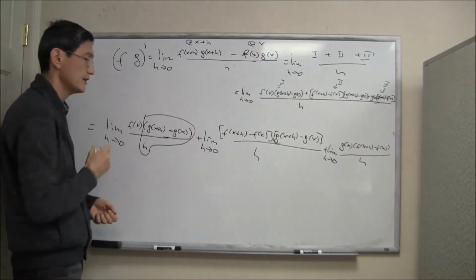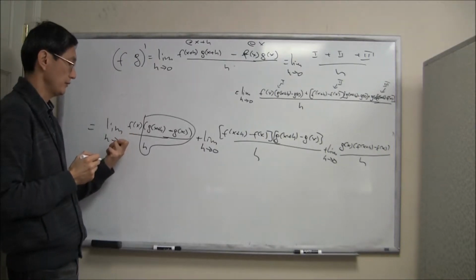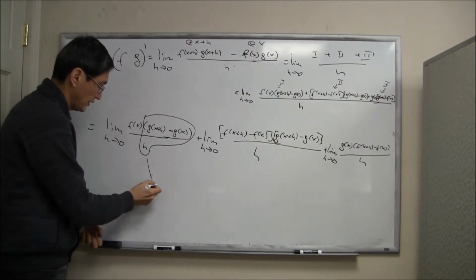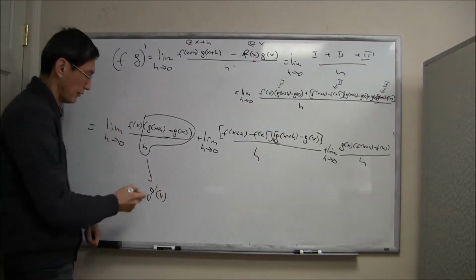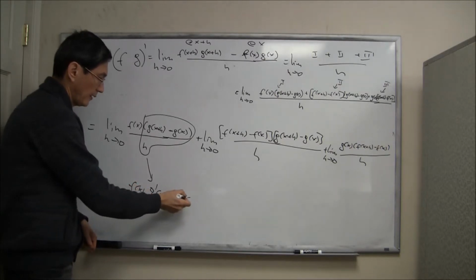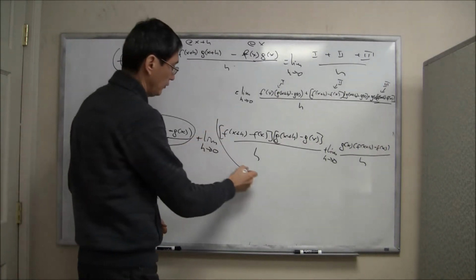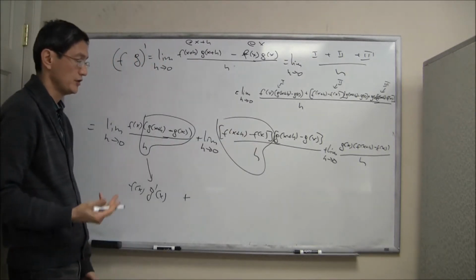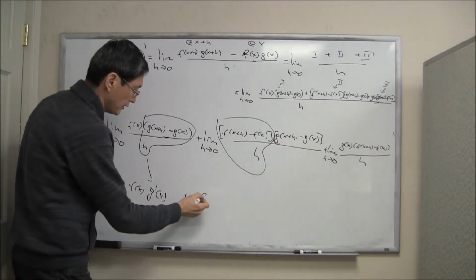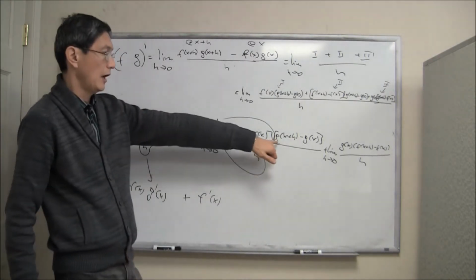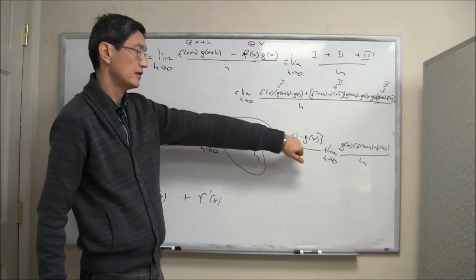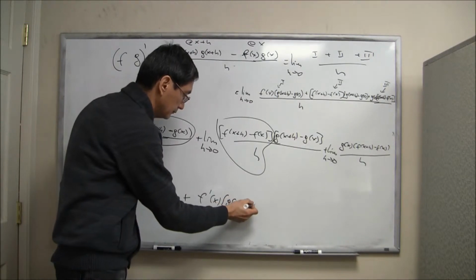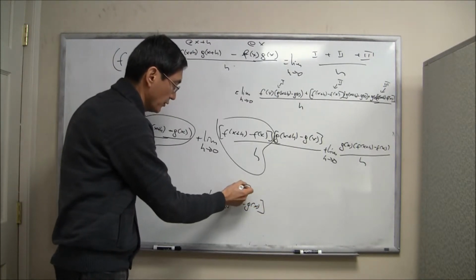If I look carefully at this expression, that is the limit as h approaches 0 of g of x plus h minus g of x over h. That is the derivative of g at x, and we keep f of x. Plus, if I look carefully at this piece, as h approaches 0, f of x plus h minus f of x over h is the derivative of function f. And as h approaches 0, I get g of x minus g of x, which is going to be 0.